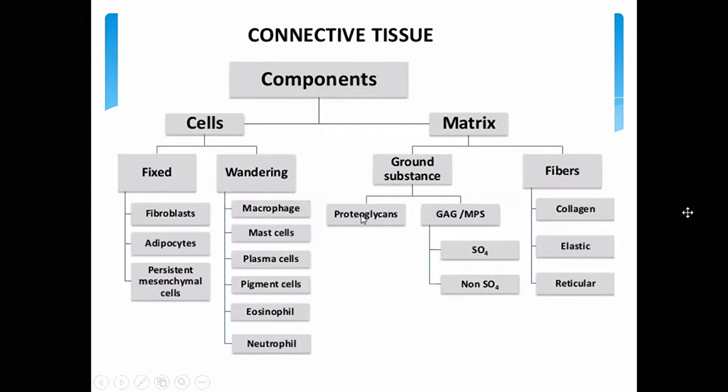Under the matrix, under the ground substance, you have your proteoglycans, the GAG, glycosaminoglycans, and polysaccharides.